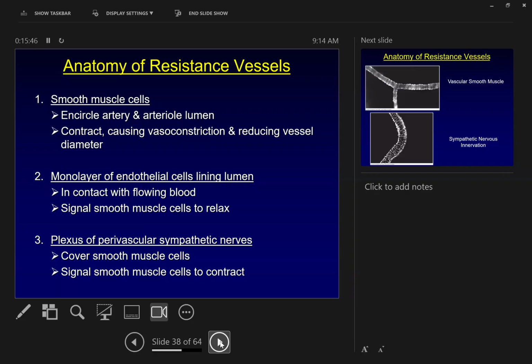And I'll talk to you guys about those signals in a minute, but it can specifically tell the smooth muscle to relax. Okay. And so we mentioned on Monday that if you have atherosclerosis or something where you have fatty plaques that cover up the endothelium, it can't contact the blood correctly, and therefore it can't send its normal signals to the smooth muscle.